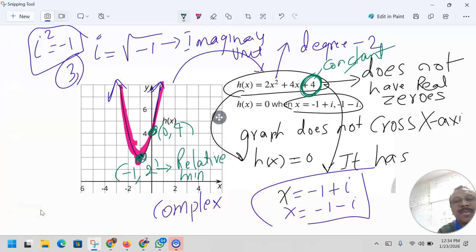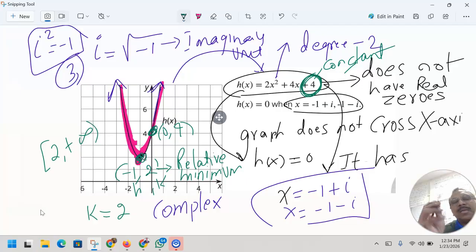A lot of information I'm writing there. The minimum is 2. If you write h and k, your k is 2. And the range is 2 to infinity, which is how you write it in interval notation.